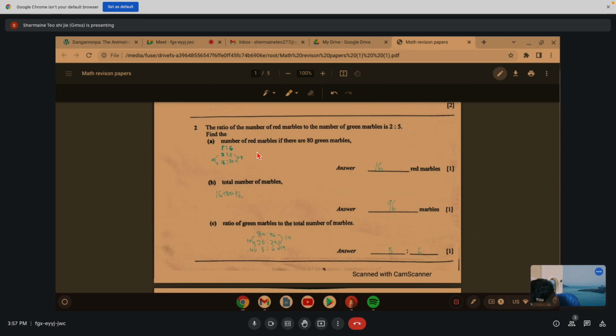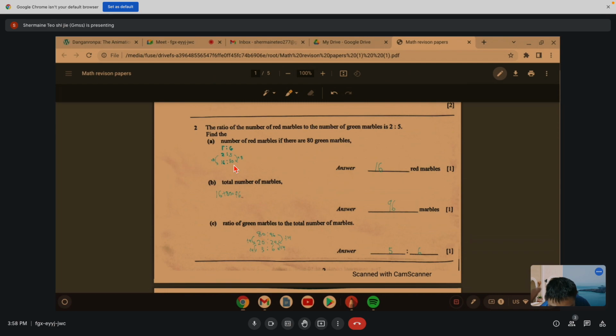Okay, good. So over here it says the ratio of the number of red and green is 2 to 5, and find the number of red if there are 80 green. Okay, so this question is very simple, proportionality, right? As you can see, 5 units is green, which is 80. I don't think 5 times 8 is 80.